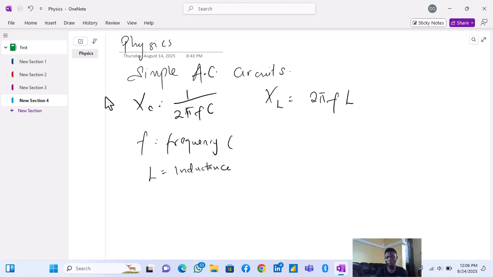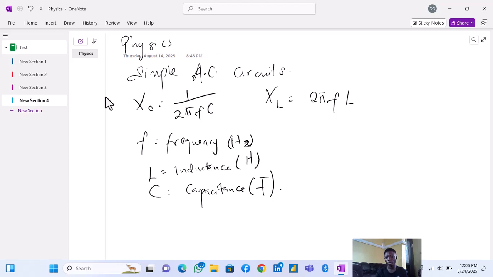Frequency is measured in hertz, inductance is measured in Henry, and C is the capacitance, which is measured in farad. So we have all this.